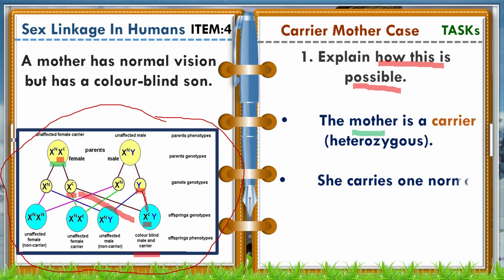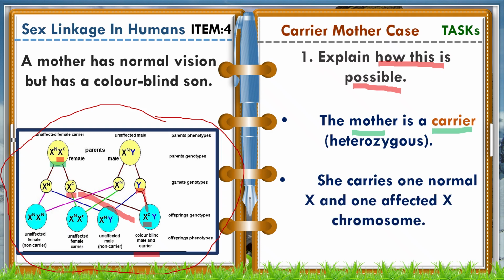The mother is a carrier, meaning she's heterozygous. When you look at the mother's genotype, she has the X chromosome, which is normal, and the affected chromosome. Therefore, she's called a carrier because she has two different chromosomes.